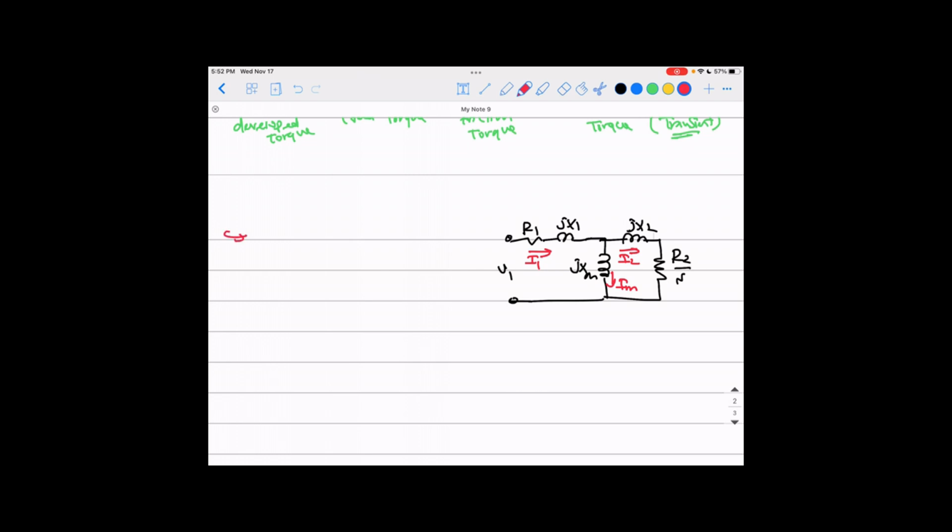So the very first one, if you want to find the starting current, I1 starting, the starting current of the machine. Like we said before in different kinds of machines, even in DC machines, the starting current is much higher than the running current. The machine at the very beginning draws a very high amount of current compared to while it's running.